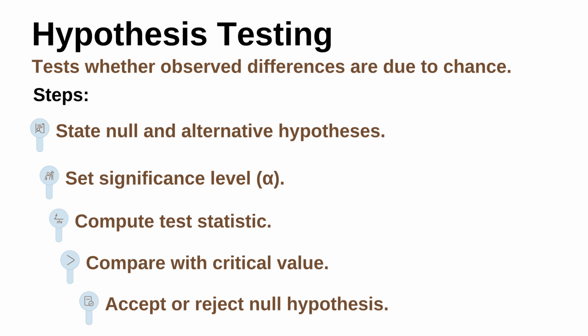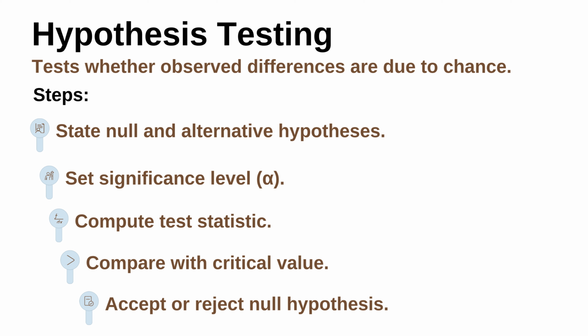And what about hypothesis? How do we test hypothesis? Hypothesis testing determines whether observed differences are due to chance. The steps are stating the null and alternative hypothesis. The null would say that there is no difference or relationship between the variables, while the alternative hypothesis would say that there is a significant difference or relationship between the variables.